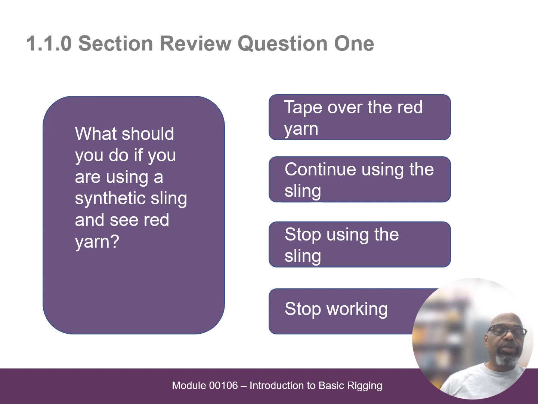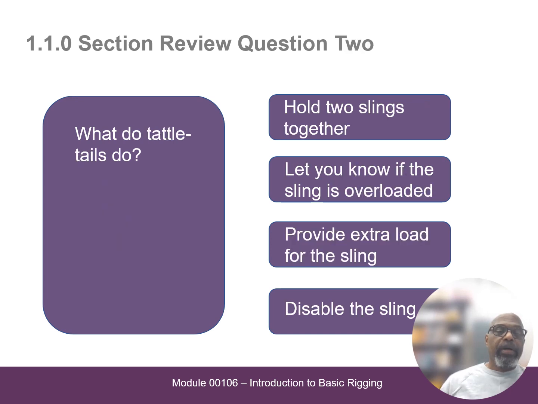So what should you do if you are using a synthetic sling and see red yarn? We know the red yarn means that it's probably been stretched out of position. So stop using the sling. What do telltales do? Basically, it warns us, lets you know if a sling has been overloaded.